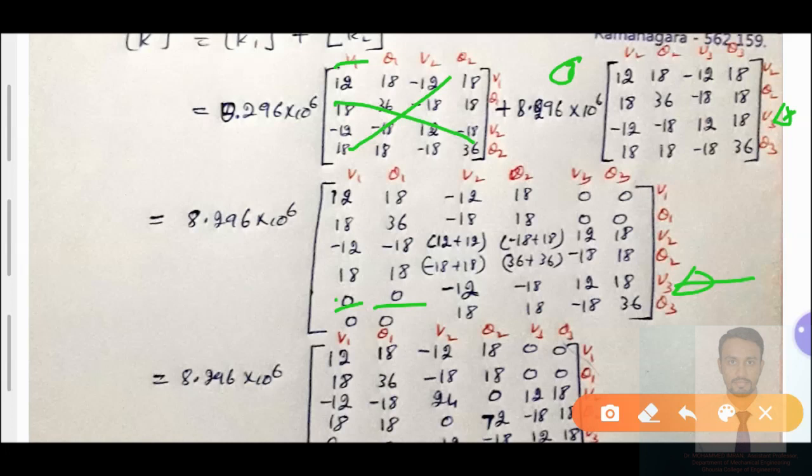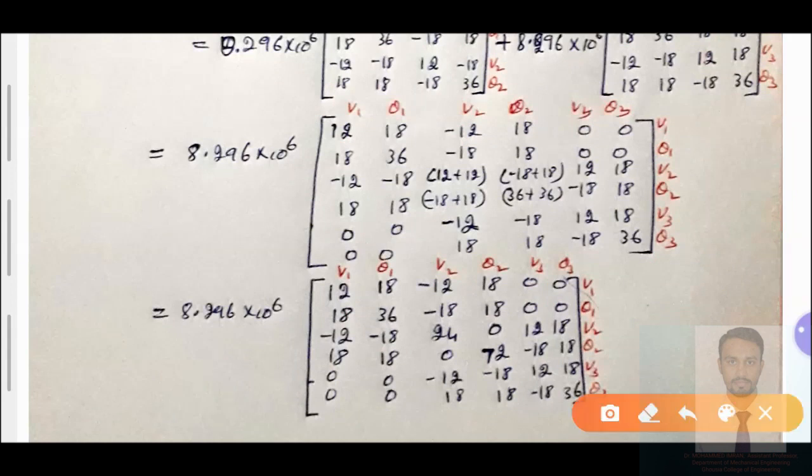V3 fifth row third column value we have here minus 12, fifth row fourth column value, that is V3 theta 2 value, minus 18. V3 value we have 12, V3 theta 3 value we have here 18. Finally you find out for theta 3 similar to that, and you will get the whole matrix.